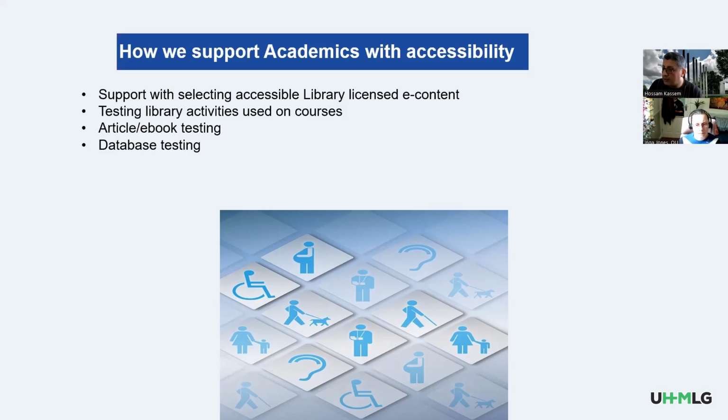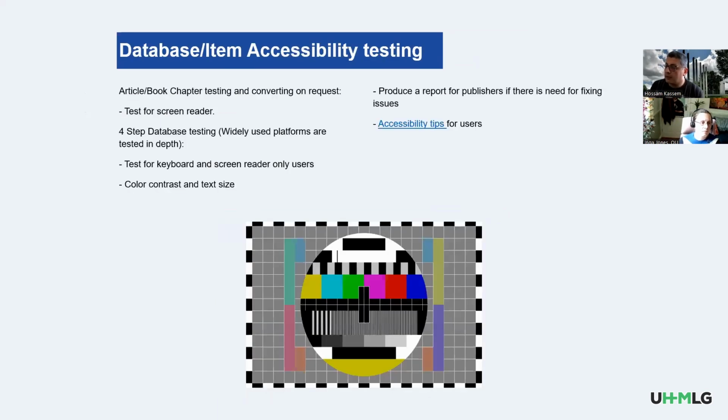So what do we test in terms of materials that are going to be embedded in modules or in courses? We test the articles and book chapters for screen reader users. If it can be read by a screen reader, great. We don't need to do anything. If it's not, we will highlight it and leave it aside. We mark it so that if a disabled student wants it, or if a screen reader user needs it, we will convert it for them.